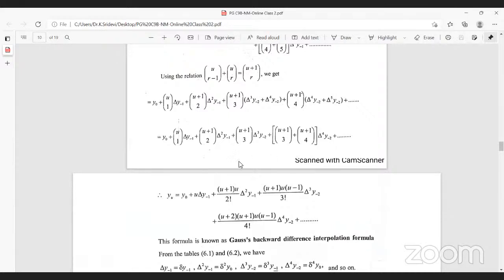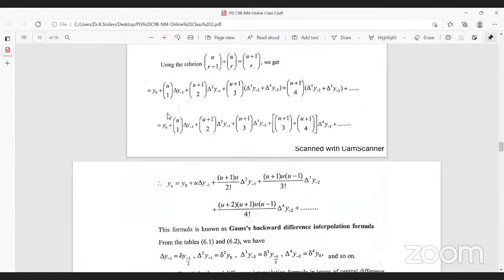Next you are going to take another formula, that is, you can write this one as u naught, u1, u plus 1 C2, nothing but u plus 1 u by 2 factorial. This is same, and u plus 1 C3. If you can simplify this, you can write it like this, and next this one can be written like this.